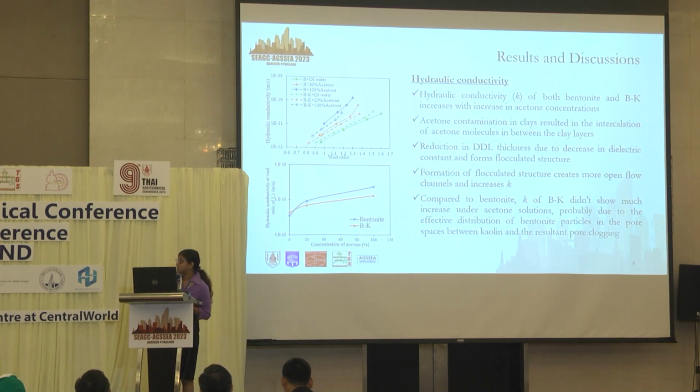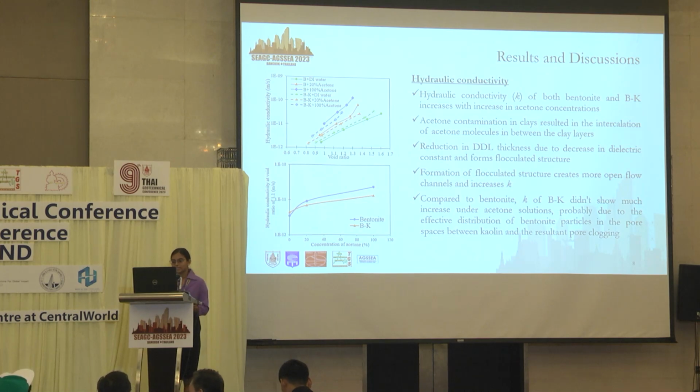Next is hydraulic conductivity. Hydraulic conductivity of both bentonite and BK was determined using an indirect method, the odometer experiment, and it is represented here. The first graph shows the variation of hydraulic conductivity with void ratio, and the second shows hydraulic conductivity at a void ratio of 1.1 with different concentrations of acetone.